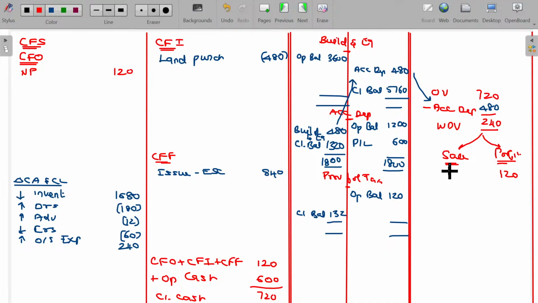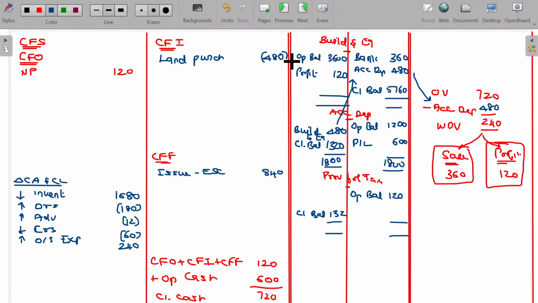Sold for a profit means sale value should be 360. Is that okay? You have to understand. Unless you sell higher than the WD value, you will not make the profit. So I am going to record all these things here. Bank. Sale value being 360 and profit on sale 120.